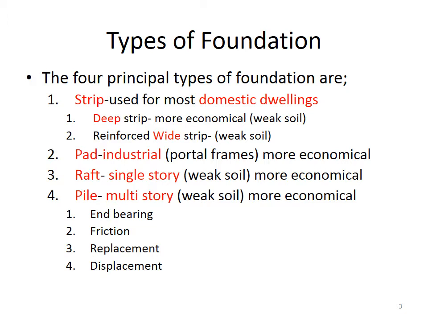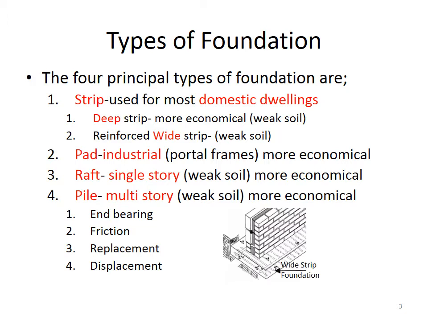The other type of strip foundation that we might use would be called a reinforced wide strip. If the soil again is quite weak, we might increase the width of the foundation so it has a larger surface area for bearing the weight of the building. And in the image in the bottom right hand corner, if we have a wide strip foundation, we usually include reinforcing.